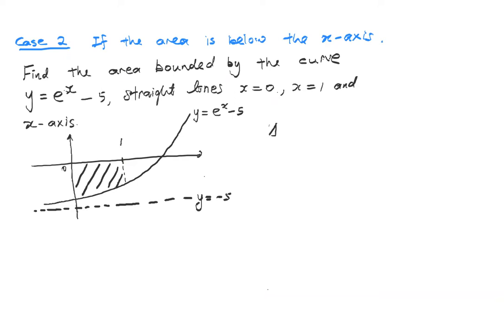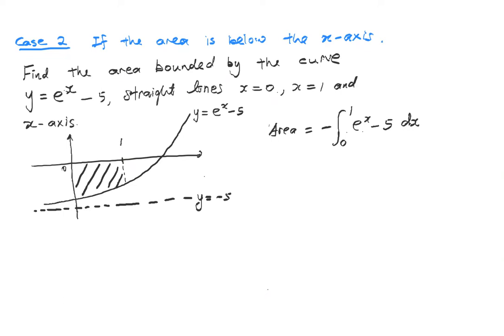You have to put the area equal to negative of the definite integral from 0 to 1 of e to the power x minus 5 dx. Okay, you must put a negative sign.